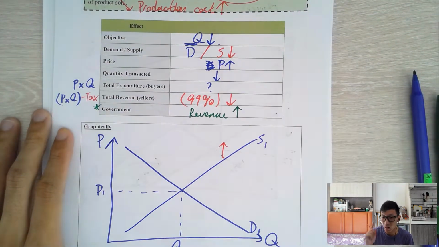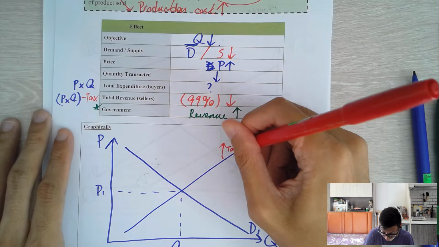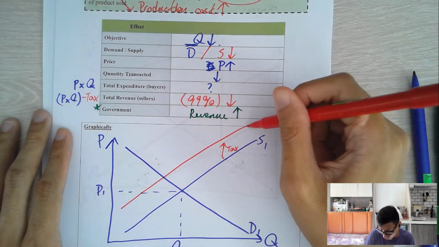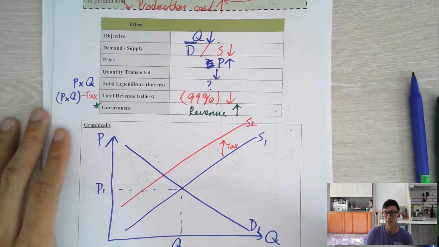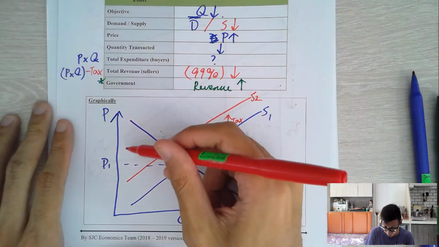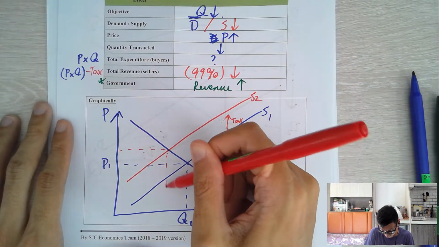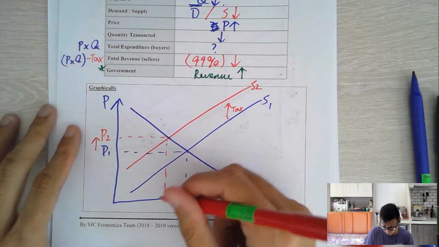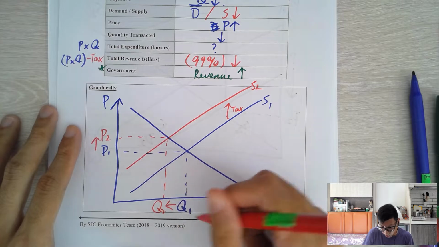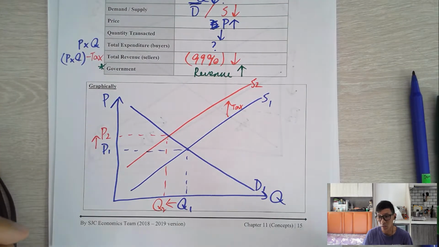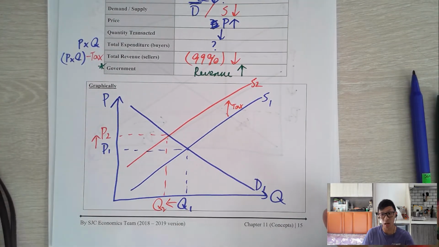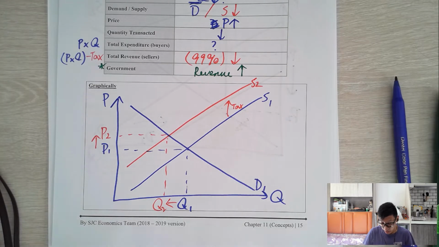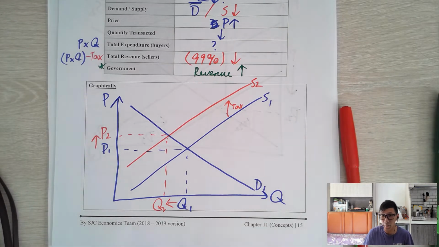We call this the per unit tax. The supply would go in this way, supply 2. And you will see here, price would increase while quantity would decrease.